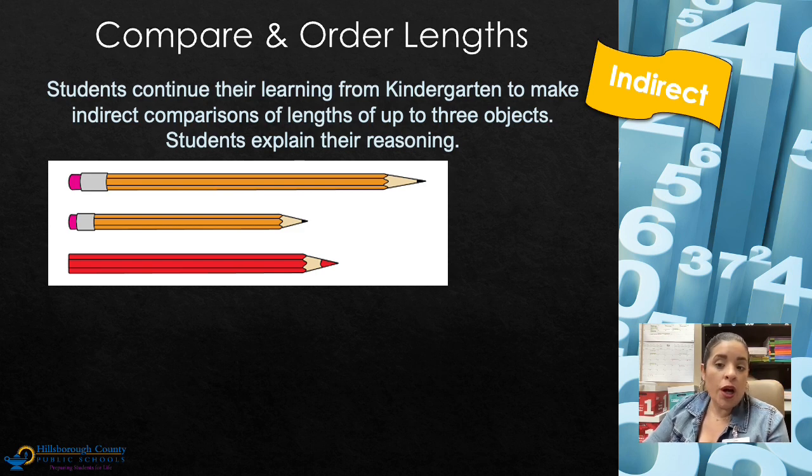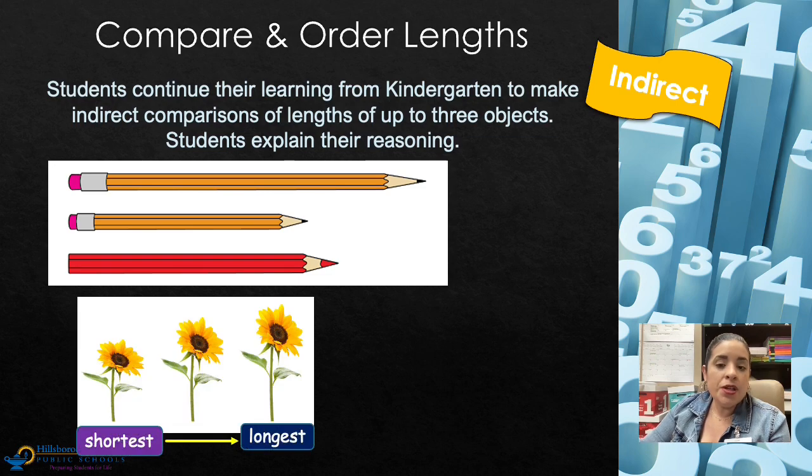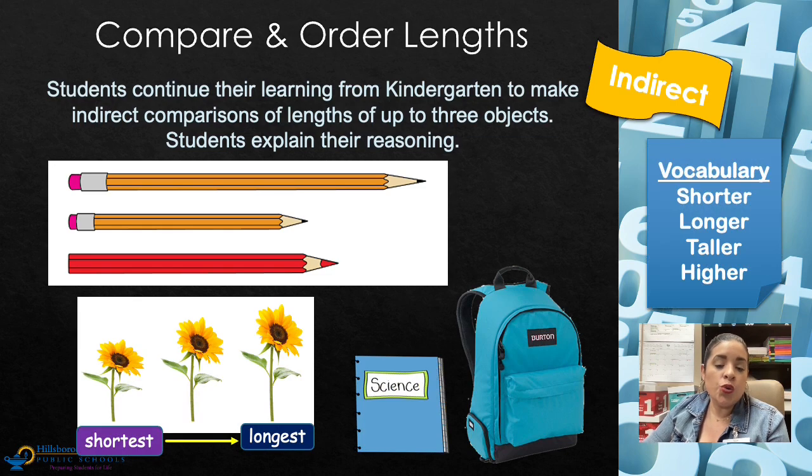They'll start to order and compare, but notice that it's indirect because I'm not measuring them with a ruler yet. I'm simply using vocabulary such as shorter, longer, taller, higher, tallest, shortest, and they can do that by measuring multiple objects all around the classroom like a notebook or a backpack or the table or your desk.